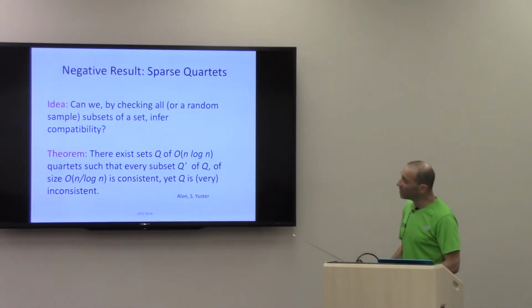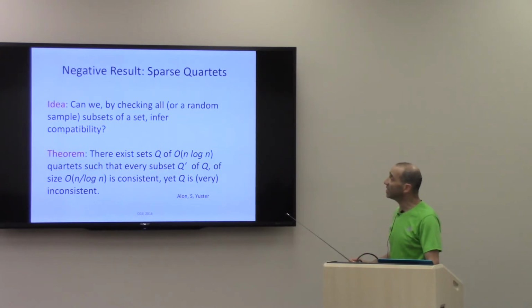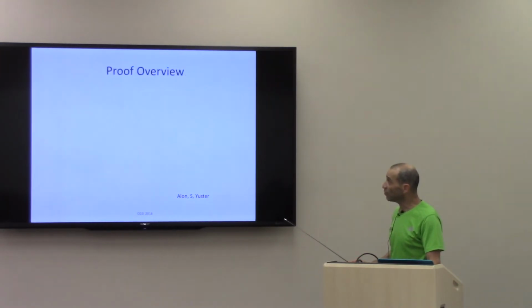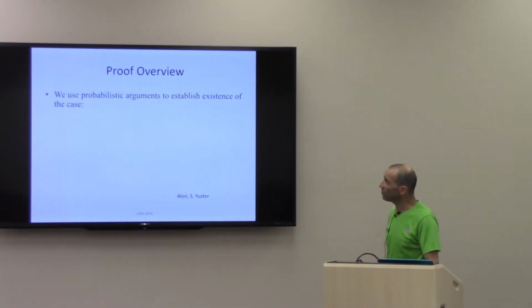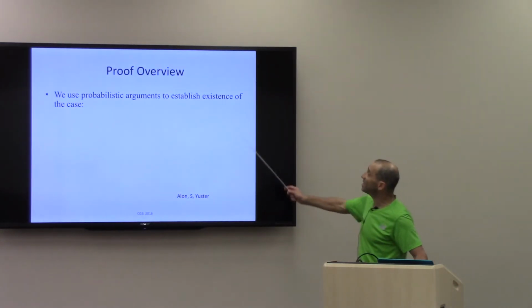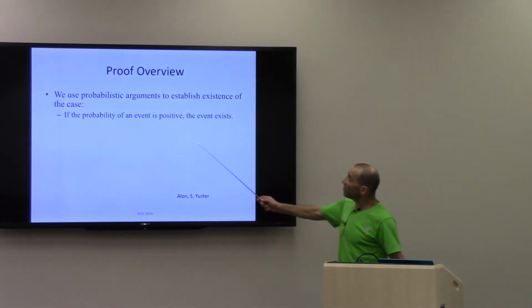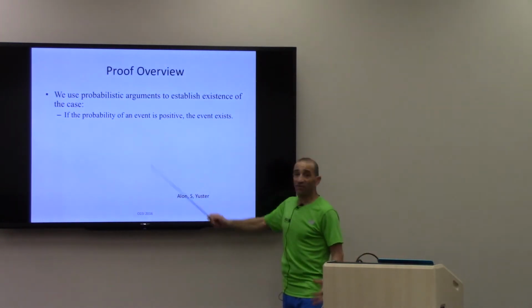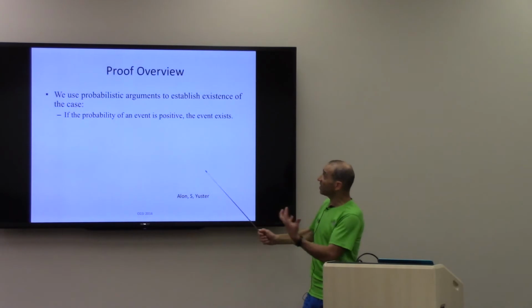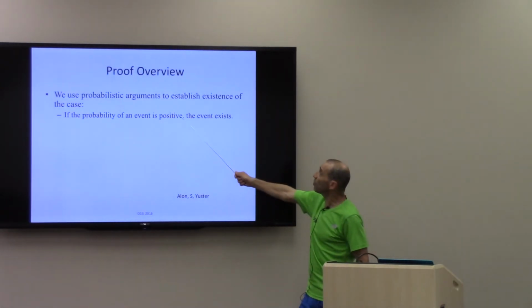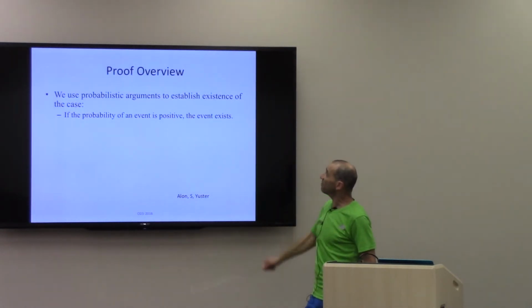And let's see a little bit the idea behind here. So what we do is this. Just an overview, very schematic. We use probabilistic arguments to establish existence of the case. So if the probability of an event in a sample space is positive, the event exists.